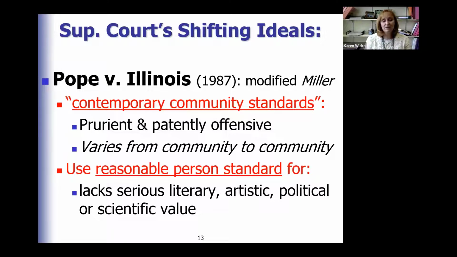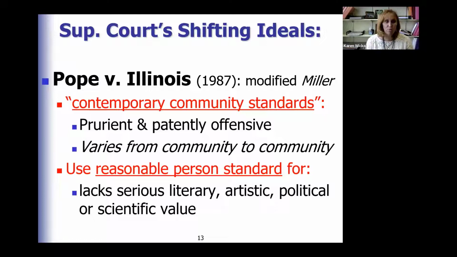So it can vary from community to community. So New York may have a different contemporary community standard than Miami, than California. So you look at each individual community and figure out what would be prurient or patently offensive in that particular community. So that can vary.